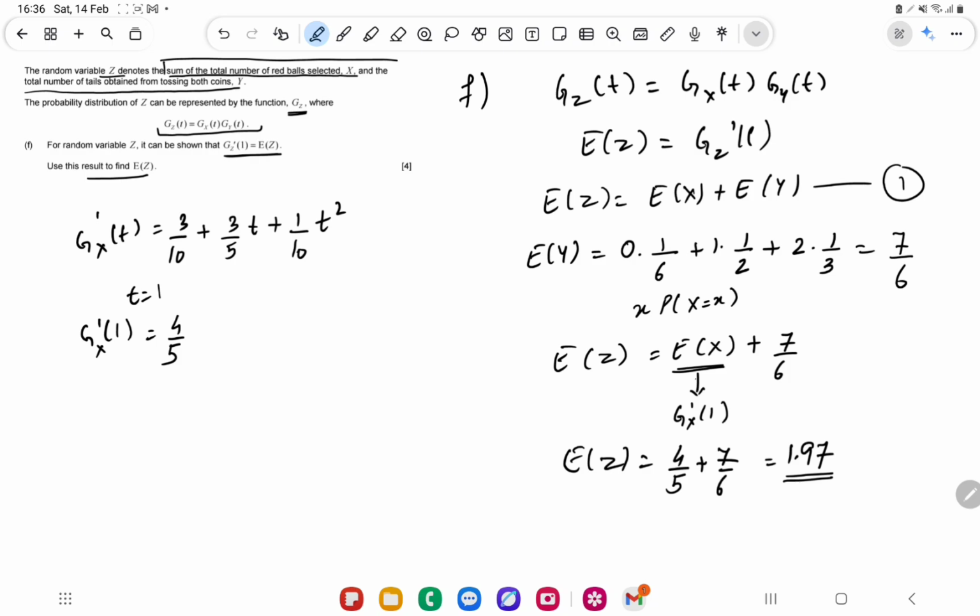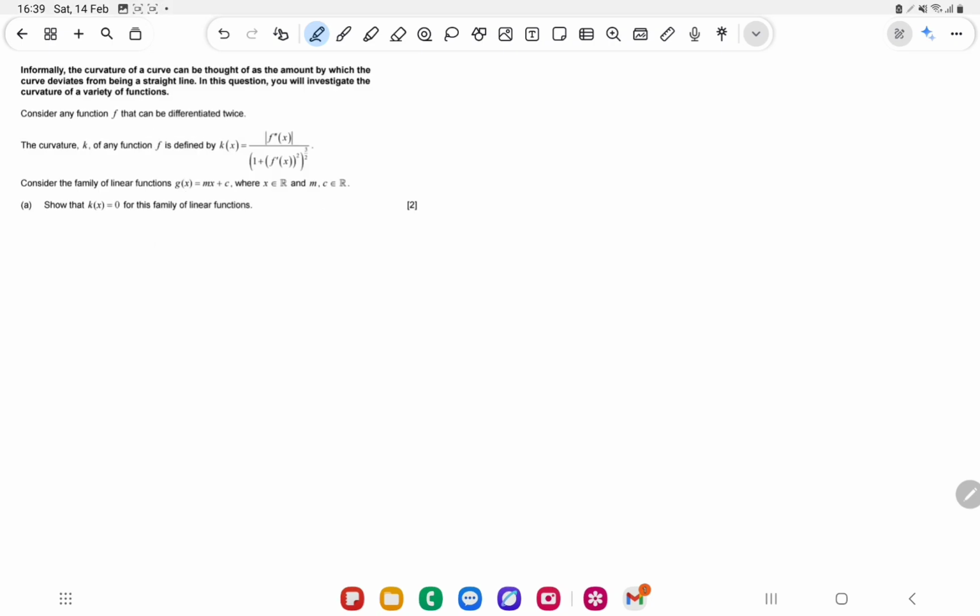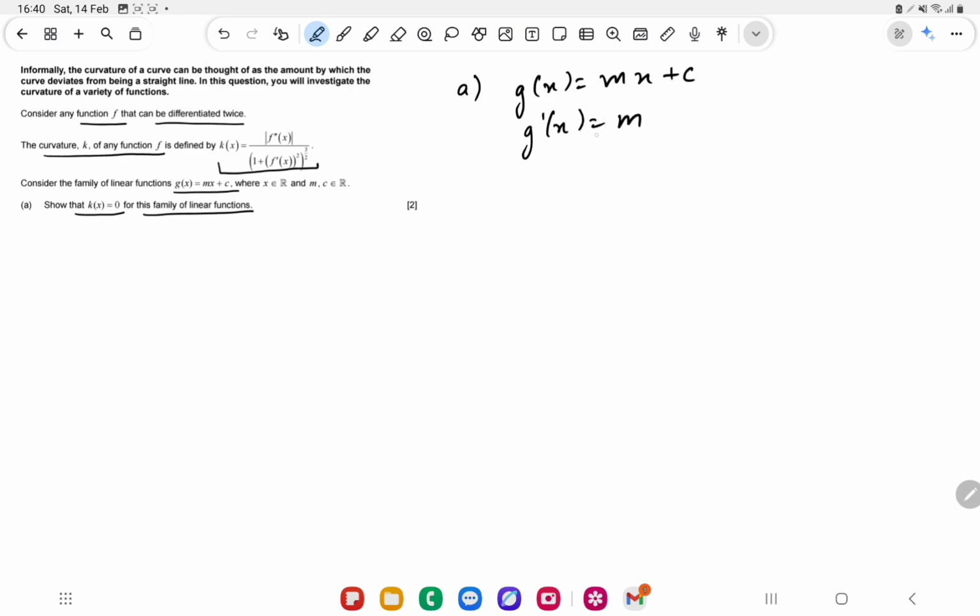Now let's move to question number 2. In this question, the function f can be differentiated twice, and for curvature k, the function is defined as this, and we are given the linear function g(x), and we have to show that k is 0 for this family of linear functions. So for this, I will take my g(x) function as mx plus c. If I differentiate this once, I get m, and when I differentiate it twice, I get 0.